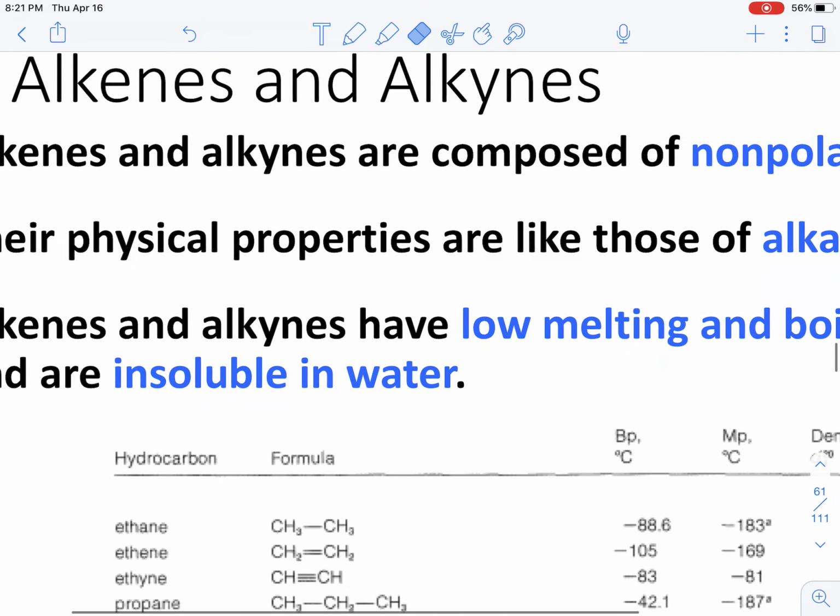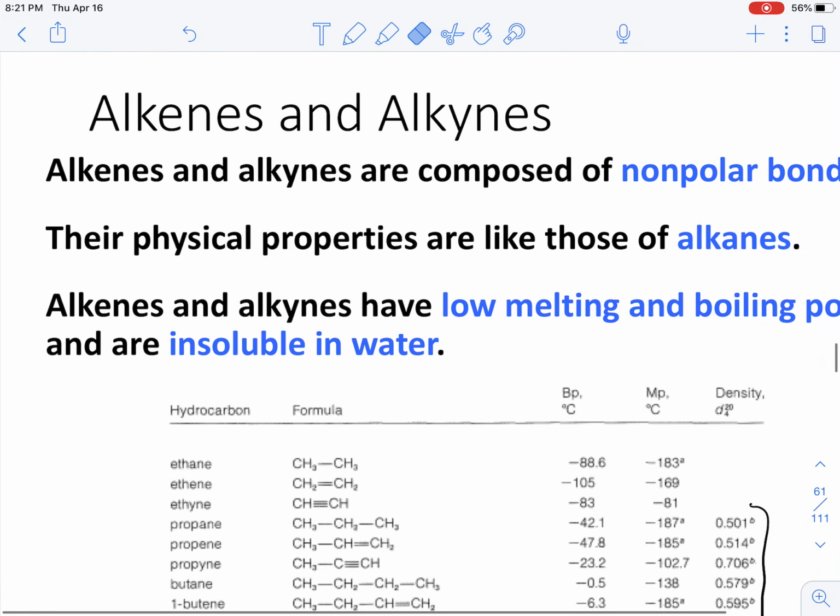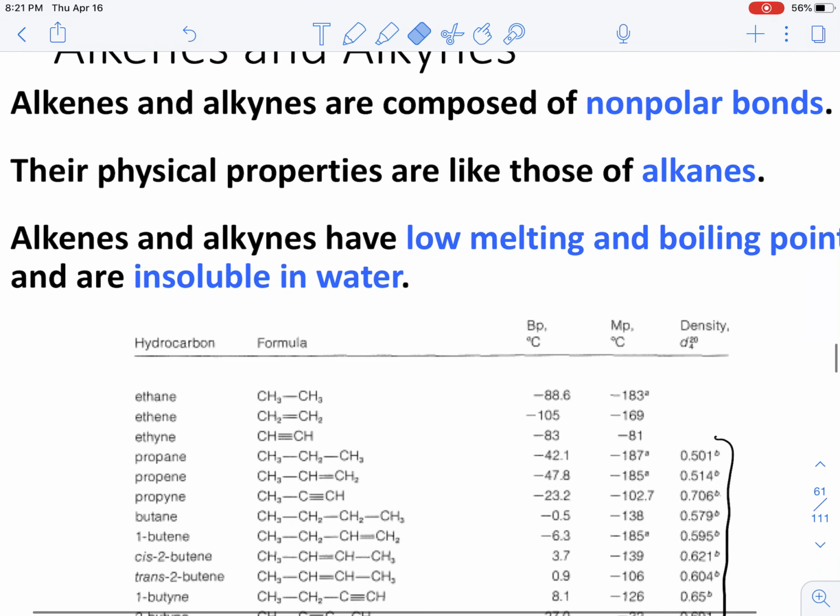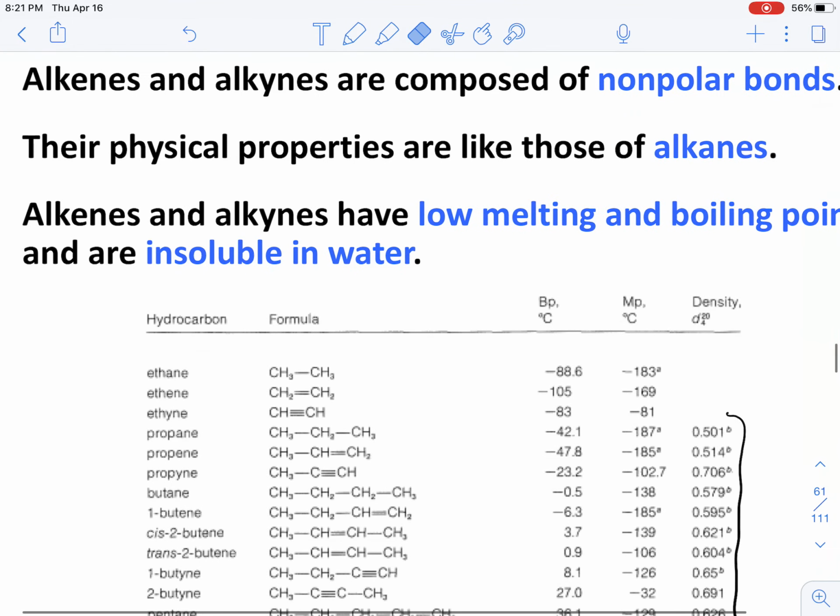All right. In terms of polarity, alkenes and alkynes, just like alkanes, share very similar physical properties. They all have non-polar covalent bonds. We have carbon to carbon, right?